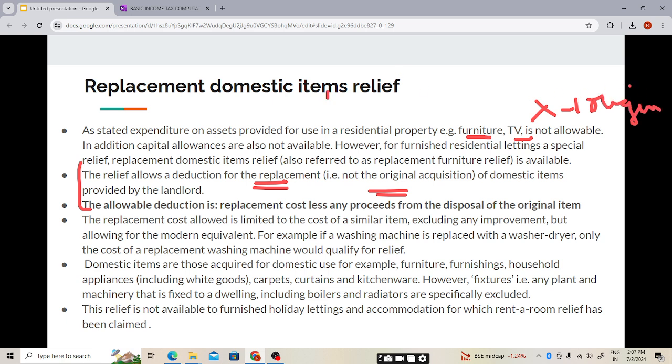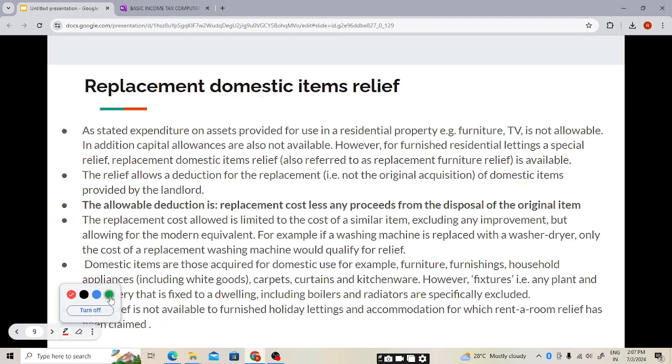But this relief only applies to replacement of those domestic items. So this relief allows a deduction for replacement, but not the original acquisition of the domestic items provided by the landlord. So what is this relief? How is this relief available? What is the allowable deduction, the amount that you can reduce from your property income?